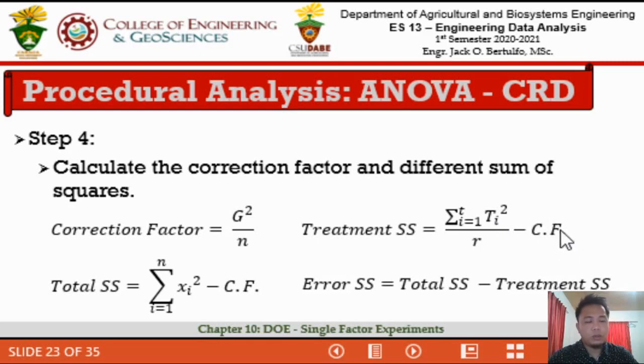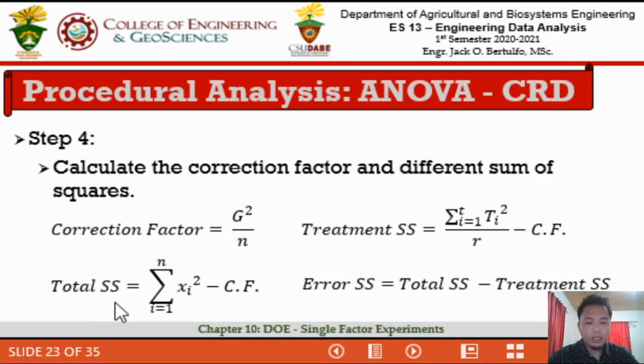In order to correct, since correction factor siya, para ang atong experimental unit is measured from the mean of our experiment. So sa iyang mean, no, para ma-measure siya sa variance day. Ang variance is measured from the mean of your treatment.